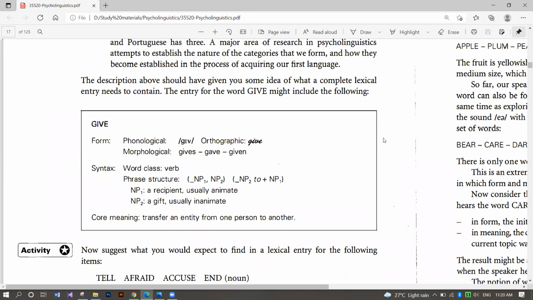Just for example, "present" can be used as a verb and as a noun as well. So in syntax you have to mention what its word class is: its word class is verb, and its word class is also noun. The word "present" and "present", because I will give it to you in writing, you won't know which "present" I am referring to, okay? And then there is a core meaning, any meaning and sense attached to it, so that is what you have.